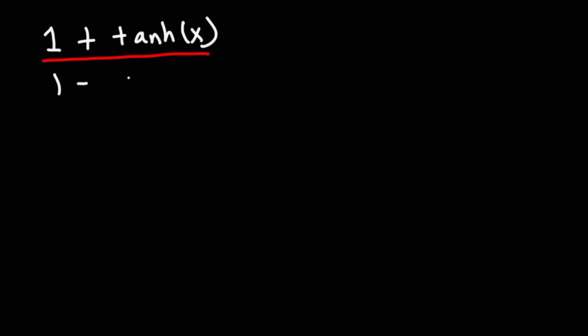Now let's try another problem. Go ahead and verify this identity. 1 plus hyperbolic tangent divided by 1 minus hyperbolic tangent is equal to e to the 2x.